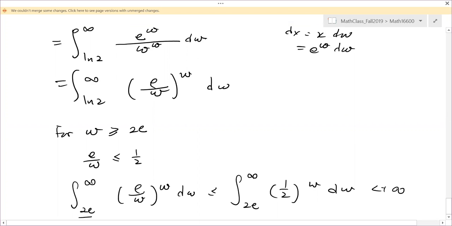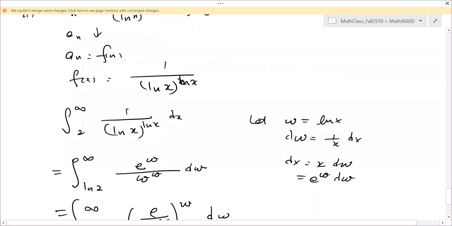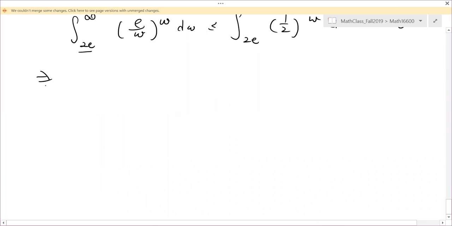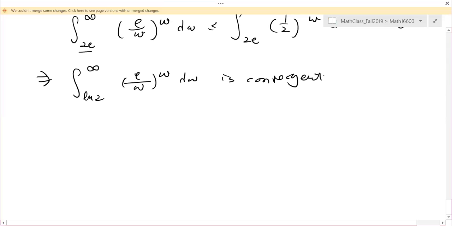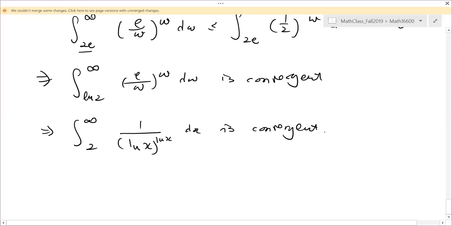That implies the integral test works. This one is convergent, and this implies the original integral, natural log of x to the natural log of x dx, is convergent. If it's convergent, then the corresponding series is convergent.